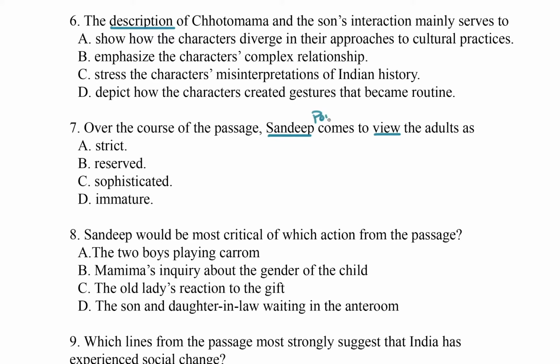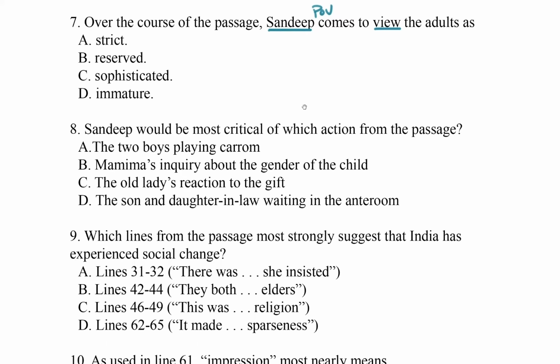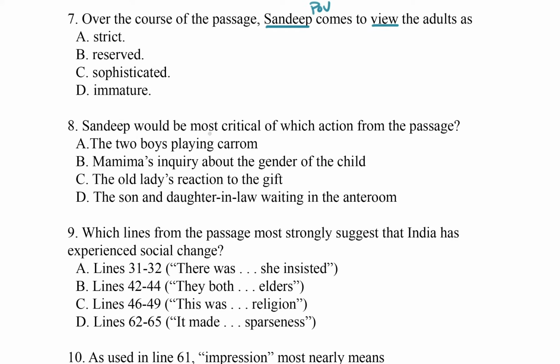So view signals to me that this is going to be a POV question. That is to say, a point of view question. Because we know from the blurb that Sandeep was the character who was mentioned first. He's probably the protagonist of the story. So we're going to be looking for the way his point of view changes, or an opinion that he expresses.